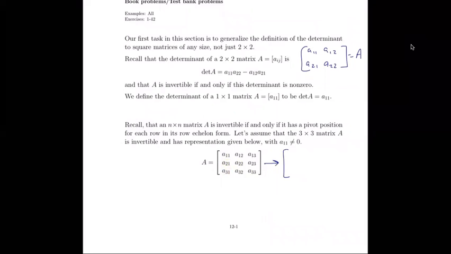It's intermediate to what we're going to see on the next page. Row 2 is equal to itself times A11, but minus A21 times row 1.